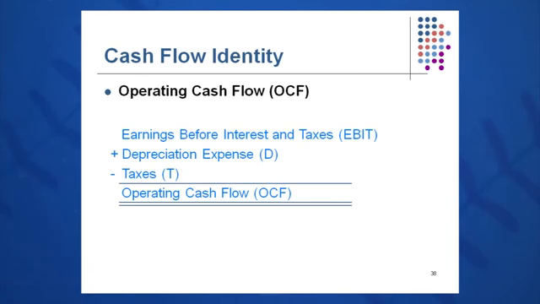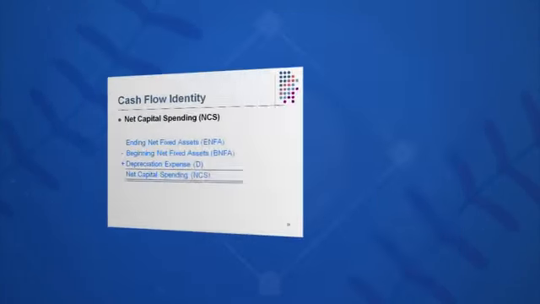For instance, if we're looking at it for Microsoft, we have to get the Microsoft income statement and pull off their earnings before interest and taxes, add back their depreciation expense, which is also off the income statement, and then subtract their taxes, and this will give cash flow from operations, operating cash flow. That'll be the first term in your cash flow from assets. How much did I make from selling fiber optic widgets in the case of my small company, Lycom Technologies?